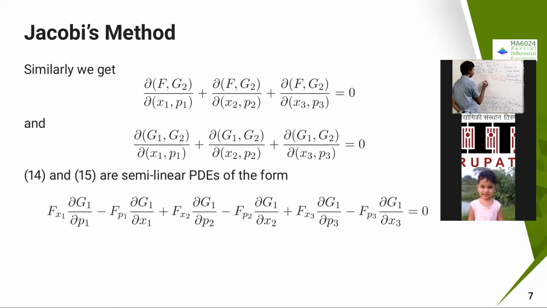So you get ∂(f,g2)/∂(x1,p1) plus ∂(f,g2)/∂(x2,p2) plus ∂(f,g2)/∂(x3,p3) equal to 0. Similarly, for g1 g2, it becomes ∂(g1,g2)/∂(x1,p1) plus ∂(g1,g2)/∂(x2,p2) plus ∂(g1,g2)/∂(x3,p3) equal to 0.